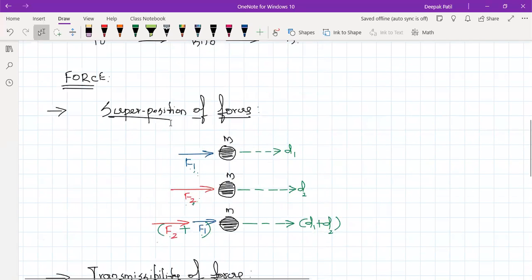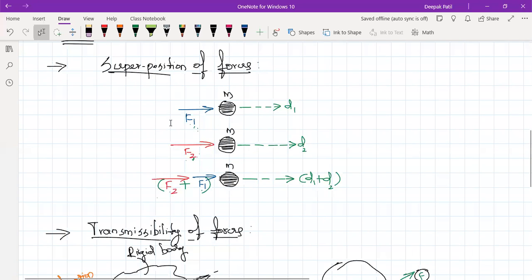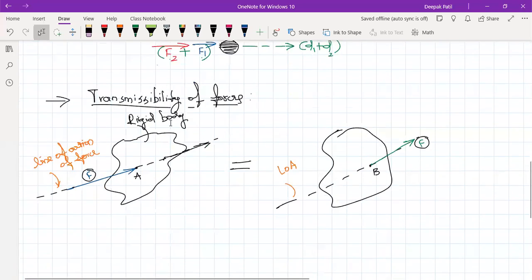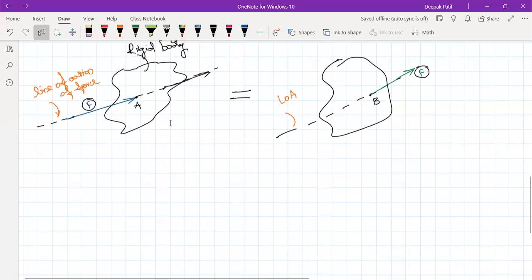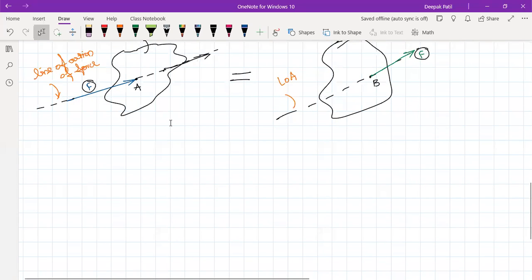So these are the two very important principles what you should know in case of force. That is, the first one is the principle of superposition of forces, and the second one is the principle of transmissibility of forces. Now next, let us just discuss on some system of forces, right?